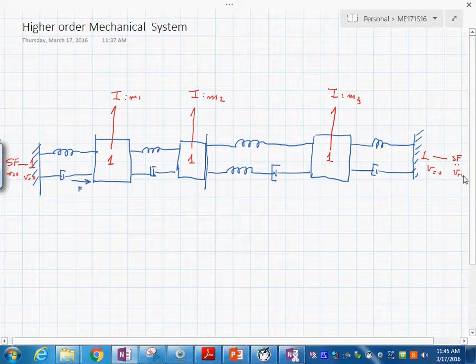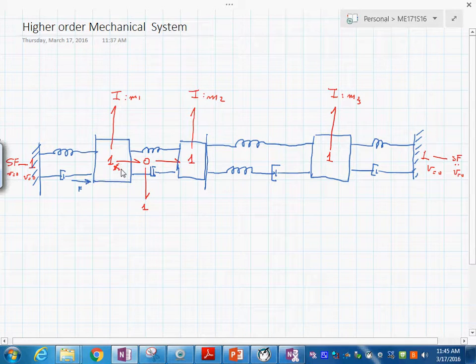Now the relative velocities we could do anywhere. This is always going to be higher than this, so in here we have a 0 with a 1, and if this is b sub 1, and we usually use x1 dot, and this would be x2 dot, sorry, this would be x3 dot.